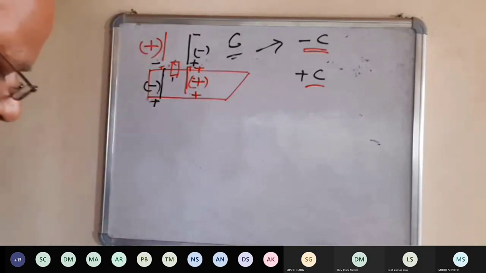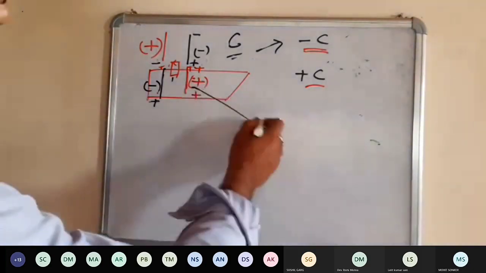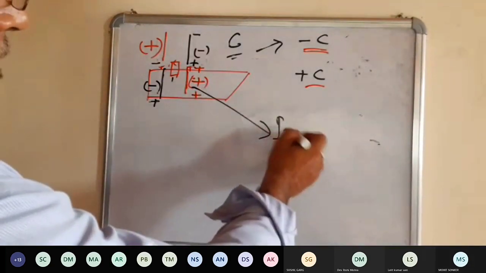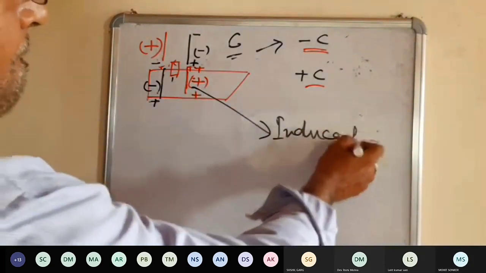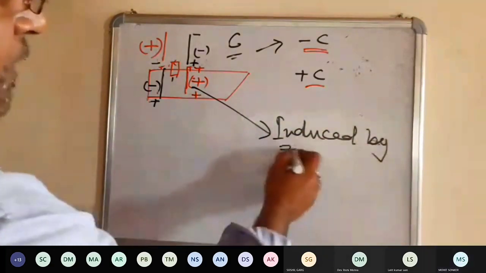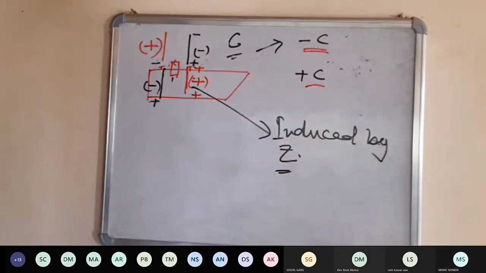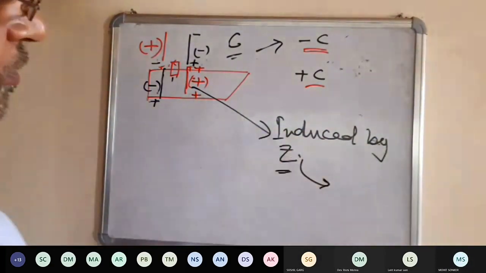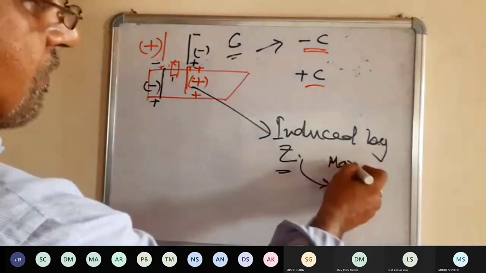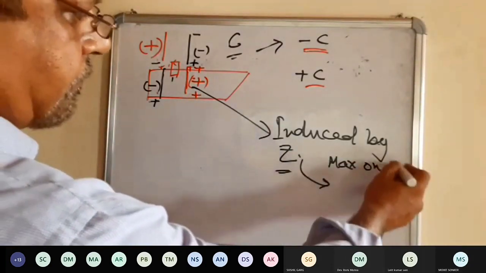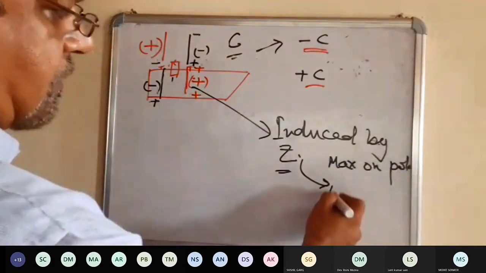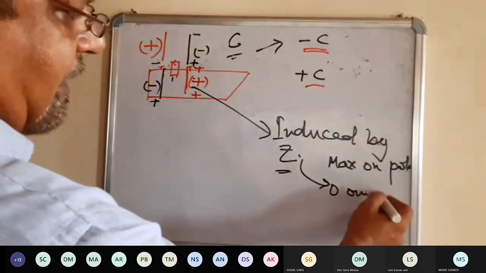The rods, when they are going to be induced by Z, of course, as we know, this will be induced by the vertical component, the Z. The Z we know is max on pole and 0 on equator.